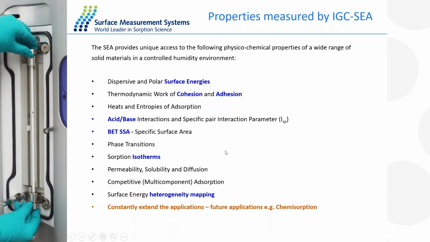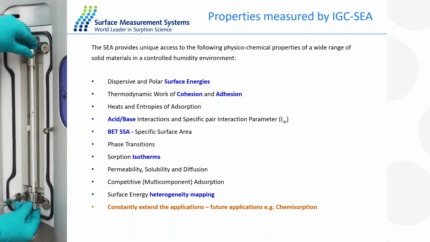Here are some of the properties we can measure with the IGC system. We can measure different components of surface energy, like dispersive surface energy and specific surface energy, as well as the surface energy distribution, giving the heterogeneity mapping on the surface. From the surface energy, we can also calculate the work of cohesion and adhesion between different samples.